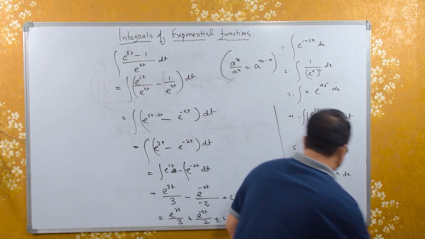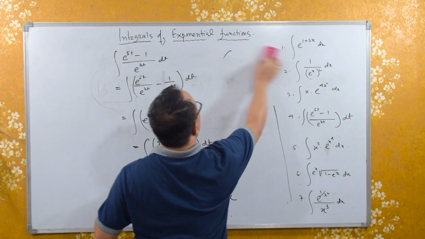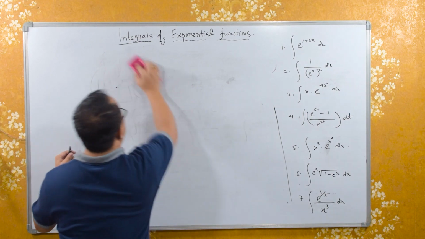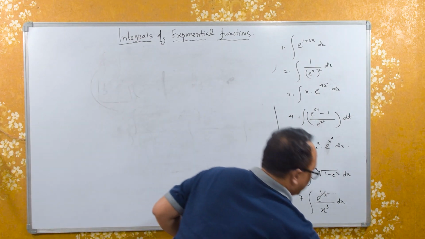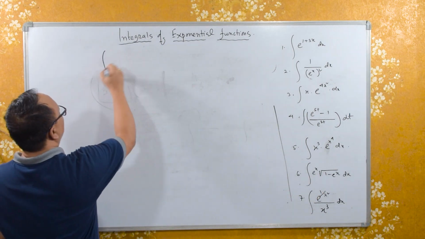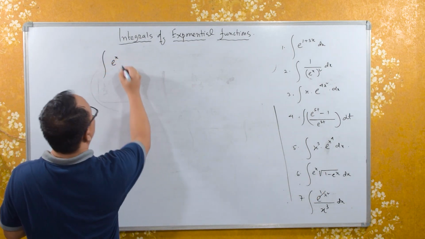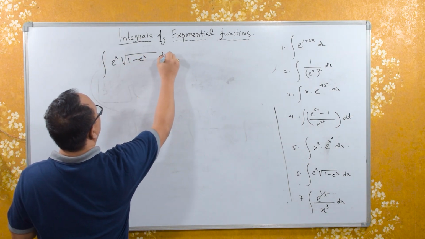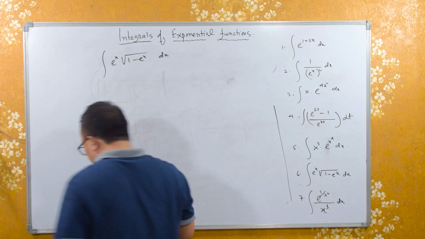Now question number 6. In question number 6 we have the integral of e raised to x times square root of 1 minus e raised to x dx. Here we have to think what to put.